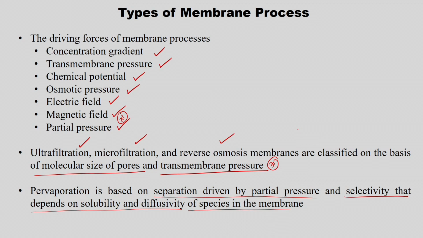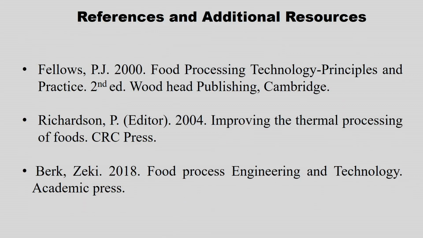The chromatographic separation process we discussed very briefly because we are not going to concentrate much on that, and the membrane separation process as well as the electric field assisted separation process we are going to discuss in the next two lectures. In membrane separation, we will cover ultra, micro and nano filtration as well as reverse osmosis, and for electric field assisted membrane separation we will discuss electrodialysis, and if possible we will try to do a few basic problems. These are all the resources and additional references that I have used in this lecture.